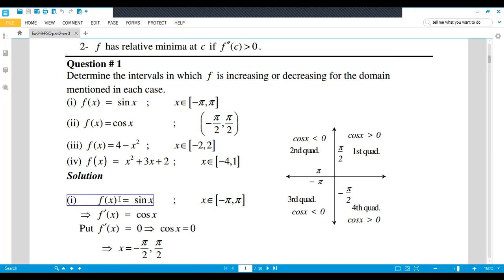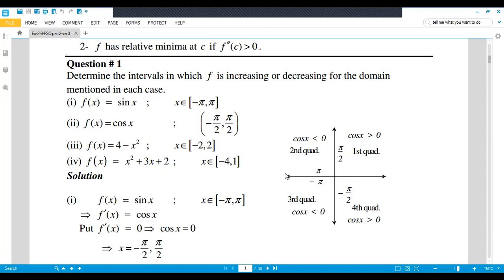Look at the function, f of x is equal to sine x. This is already given, x belongs to minus infinity to plus infinity. If you look at these quadrants, this is the first quadrant. Here cos x is greater than 0, and this is pi by 2, so this is 90 degrees and this one is 0.